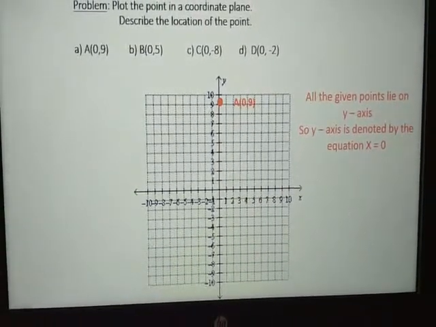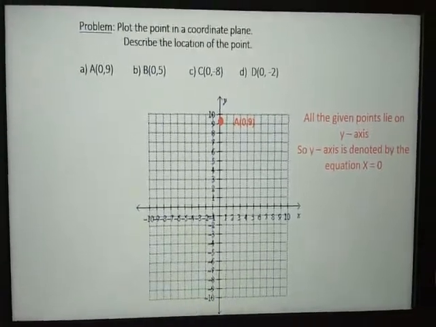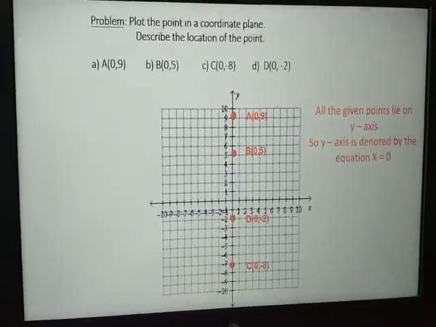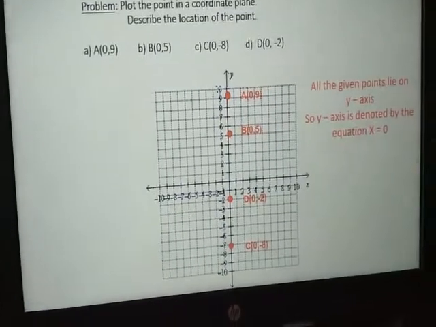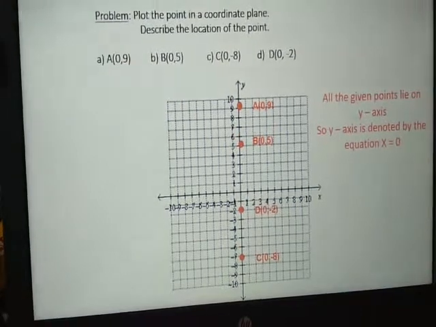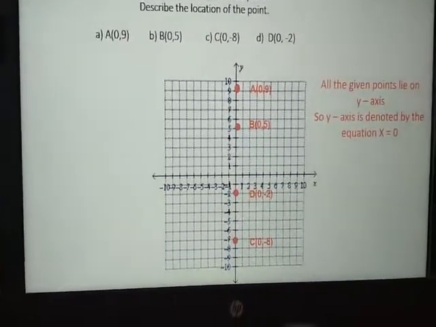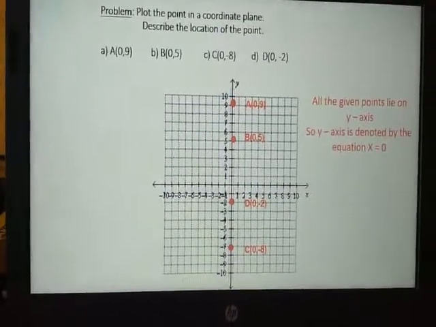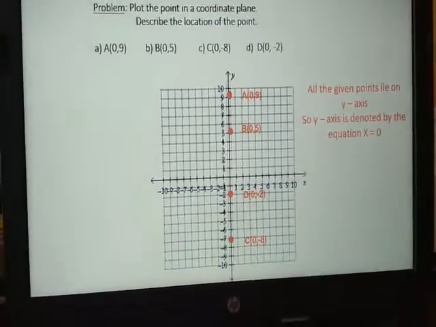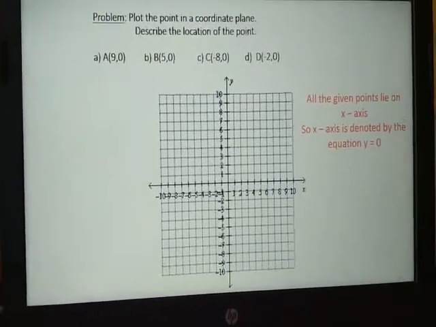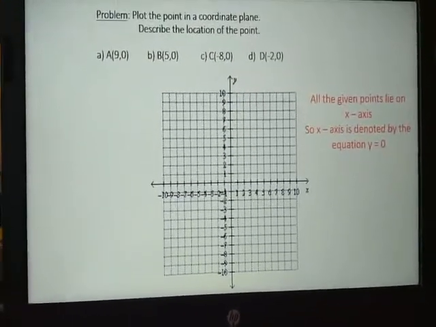And see once again, for points A, B, C and D, the abscissa is 0 and the ordinate value is changing. So as the abscissa is 0, all the points lie on the y-axis. So we write the equation of the y-axis as x = 0. Okay, coming to the next step.